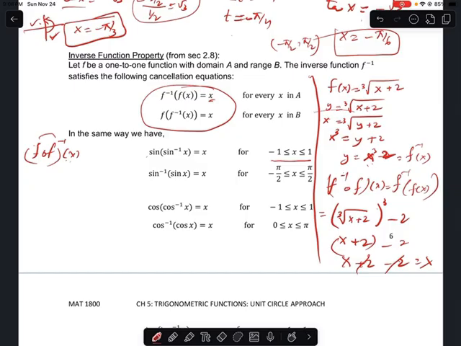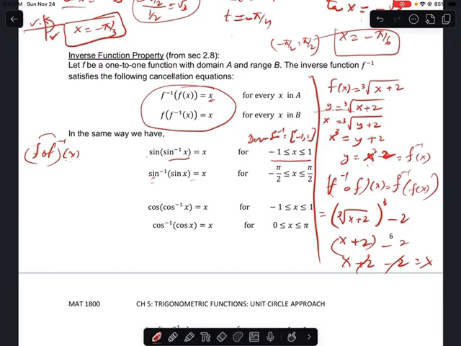Now you should try the other one: f composed with f inverse of x, and you will notice that you end up getting x.